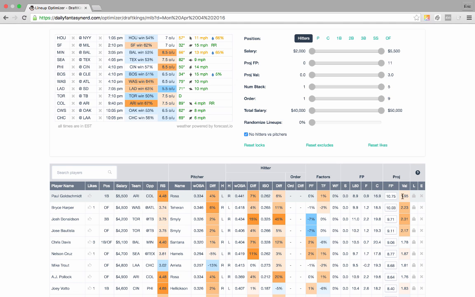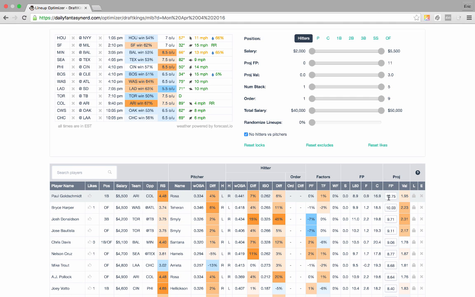I highly recommend that you regularly check in throughout the day, especially right before lineup lock, because this fantasy point number is going to be changing pretty regularly, especially in the hour or so before lineup lock as starting lineups are adjusted. This will actually adjust for lineup position as well.